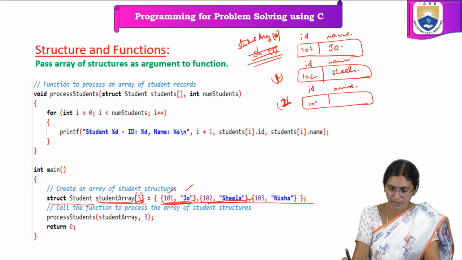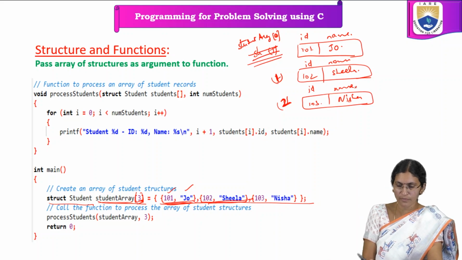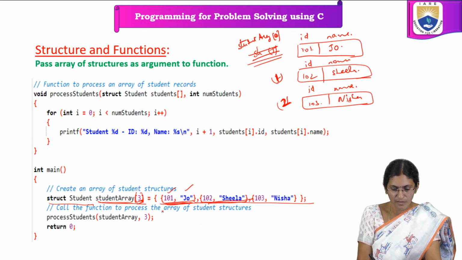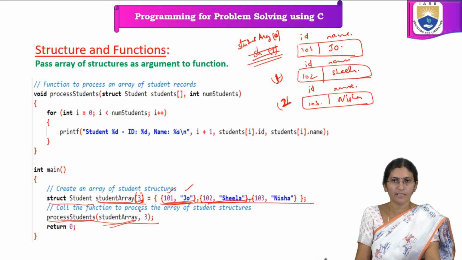And for the third we have 103 and Nisha. So we have populated this array of structures. Then we are calling this function. The name of the function is process students, and we can pass the array of structures as an argument by mentioning the name of the array and then specifying the size.